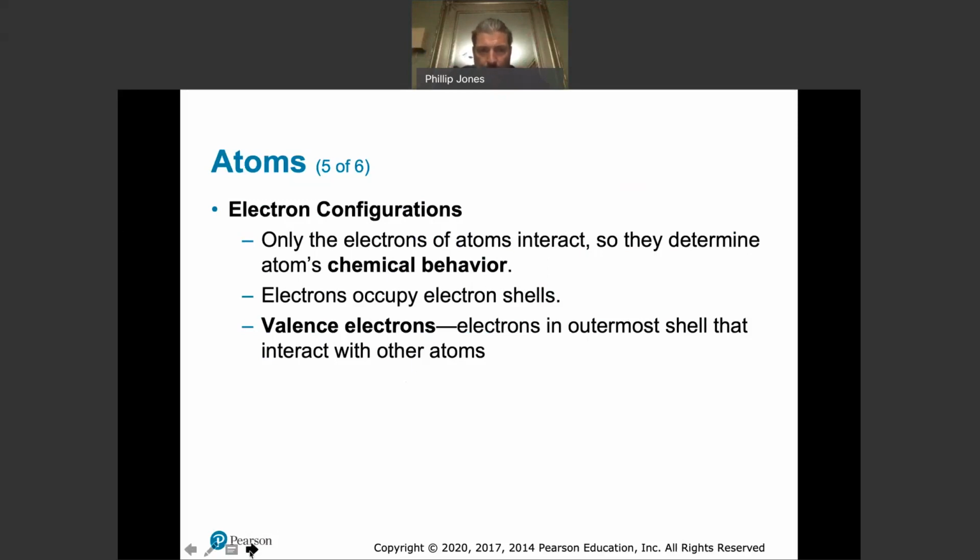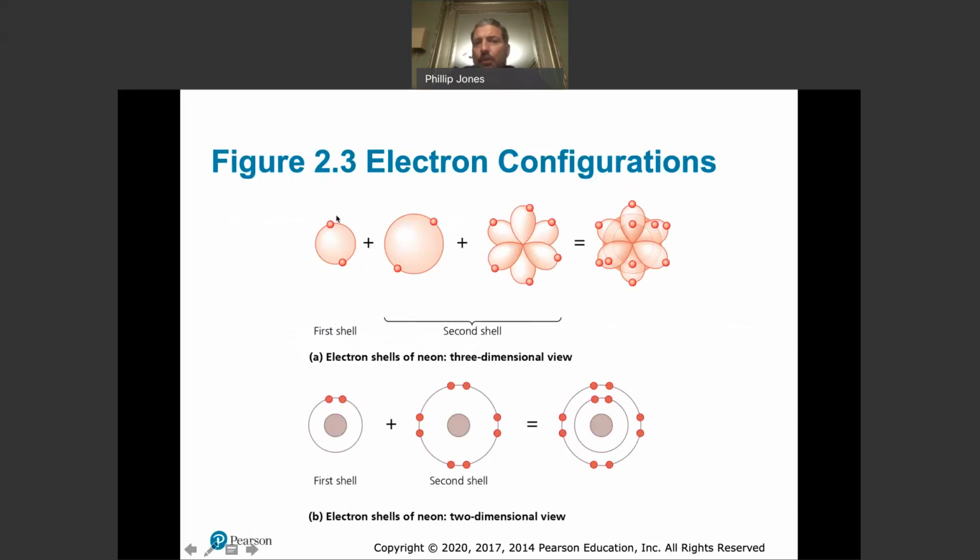All right, so here's our first shell. And then our second shell, these are going to be different orbitals. These are your sp orbitals. We're going to be dealing with a 3-dimensional view of how they would likely be.